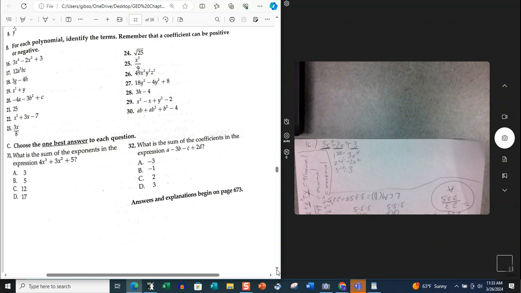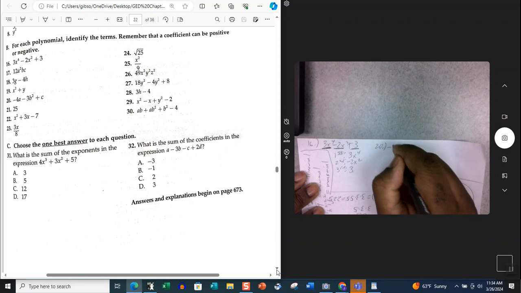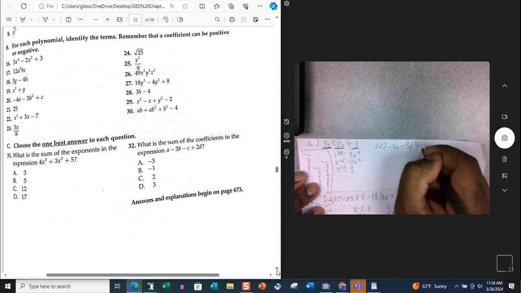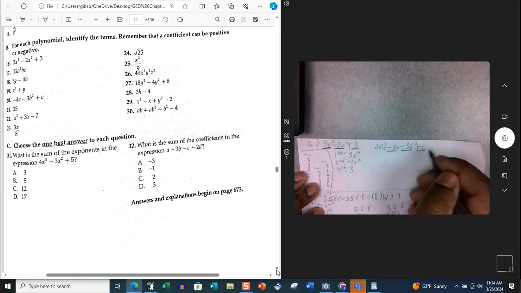Okay, the next one, let me jump to problem 20. We have negative 4a minus 3b squared plus c. Now, this is the first term, second term, third term. This is a trinomial.